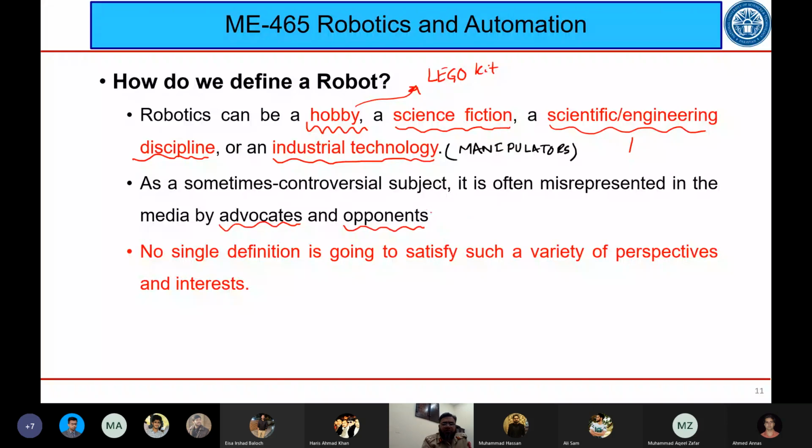What is the biggest opposition for robotics? Anybody who can throw some light on this, what is the biggest opposition against robots? Sir, labor will end. Sir, they will take human jobs. Yes, exactly, you have hit the bull's eye, that it makes people jobless.